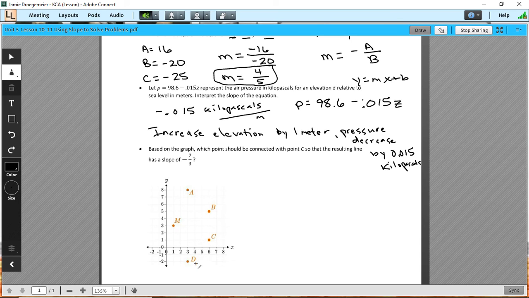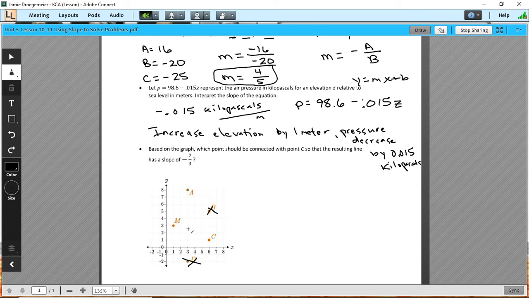It would be increasing. So we can rule out D. Point B is directly above point C. That would make a vertical line. Vertical lines have an undefined slope. So that one is not going to be our answer either. So it either has to be A or M.